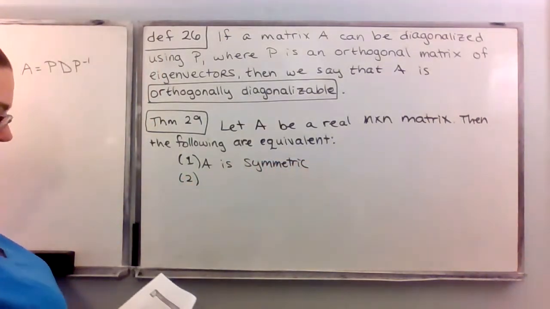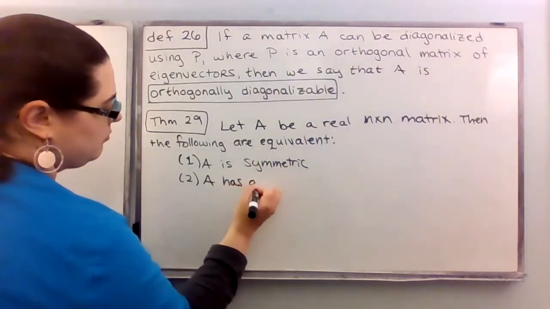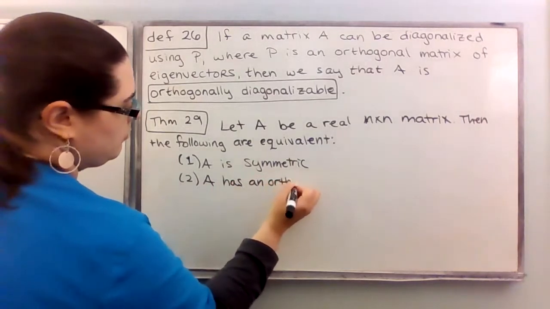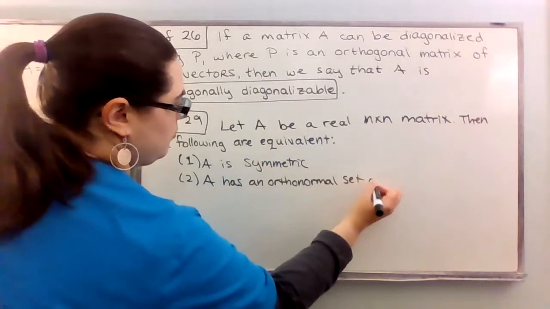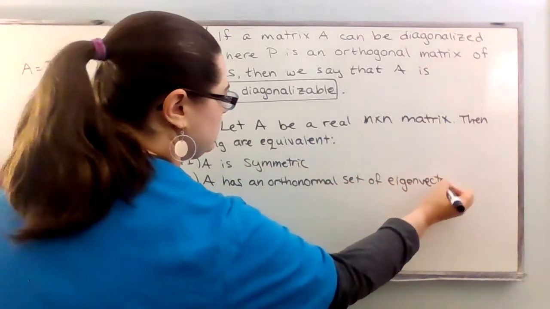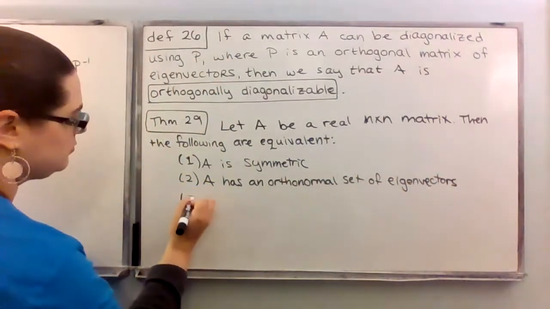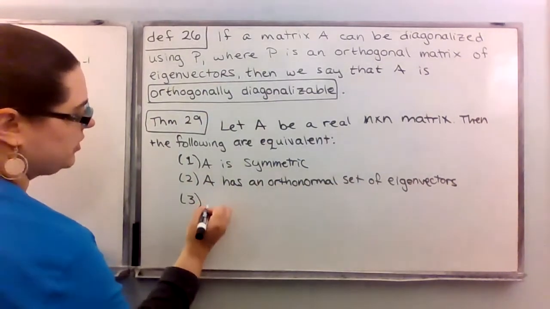Two, A has an orthonormal set of eigenvectors. And three, A is orthogonally diagonalizable.